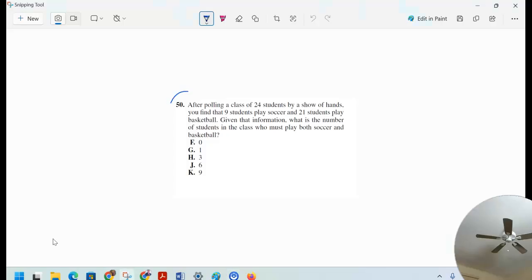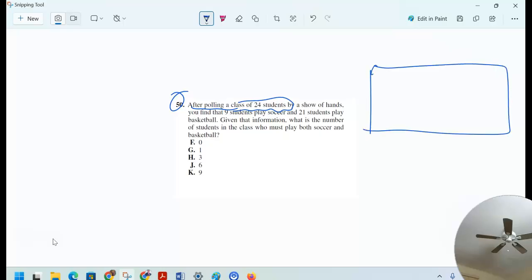So question number 50 says, after polling a class of 24 students, that means in a class there are 24 total students. Not boys and girls, but the soccer and basketball players.